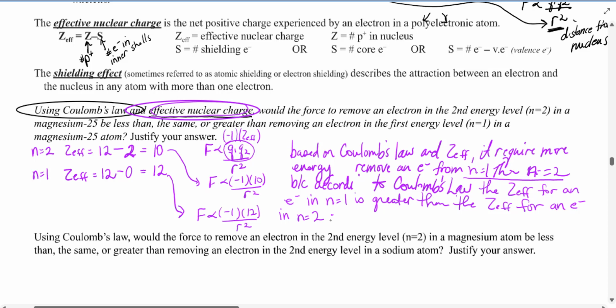Therefore, it requires more force, thus more energy needed to remove an electron from energy level 1.